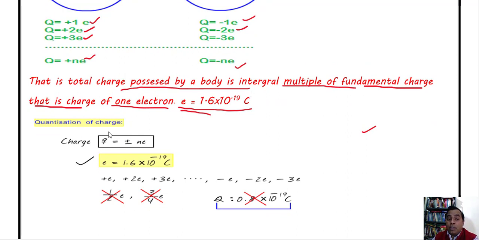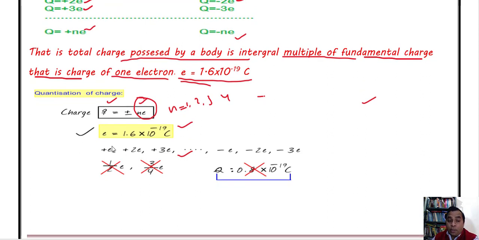The total charge possessed by a body is an integral multiple of the fundamental charge. N can be 1, 2, 3, 4, etc., where the fundamental charge is numerically equal to this much. So either the body will obtain positive charge or negative charge.